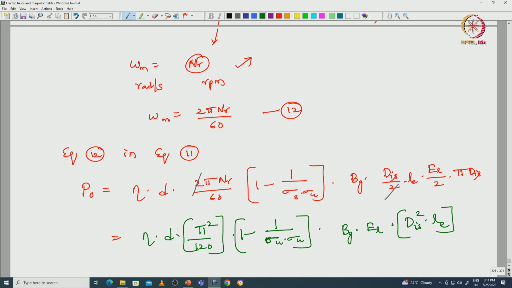This term represents the volume into the speed of the rotor. So, this is the final equation of the power.